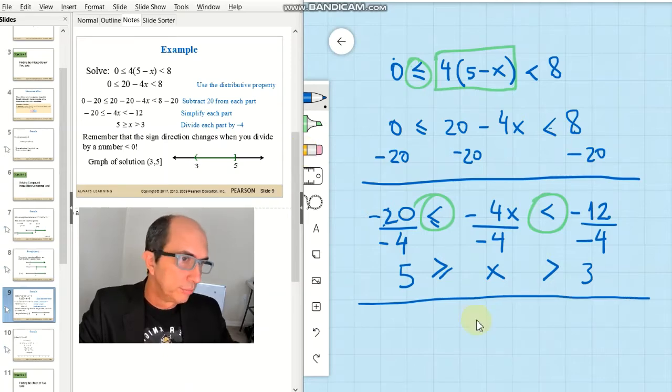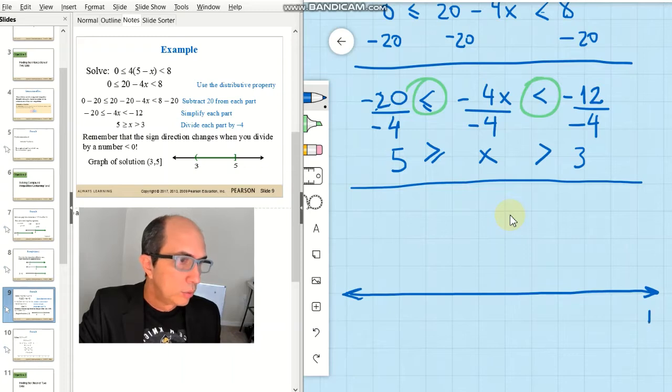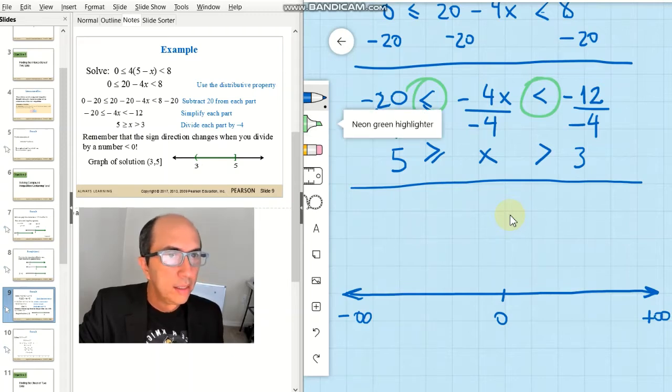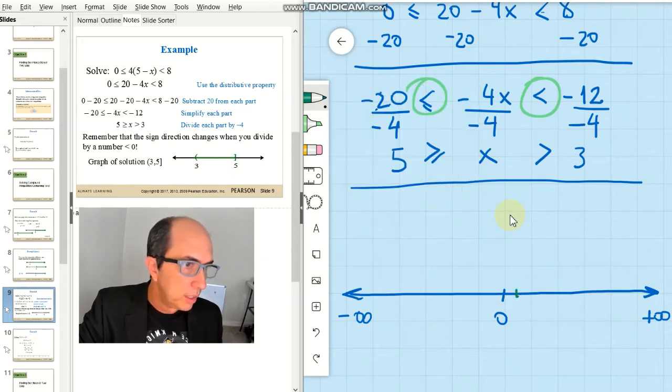Graph the solution. Draw here the line, and this line goes to positive infinity to negative infinity. Here in the middle, we're going to have 0, and let's represent x is going to be greater than 3. Let's say 3 is here, 1, 2, 3, 4, 5, and 5 is here.